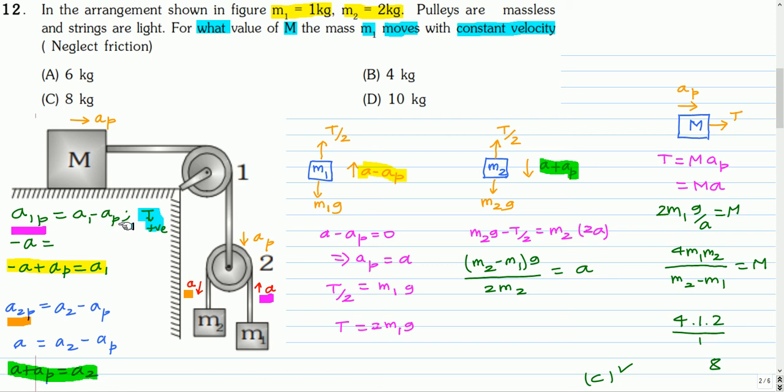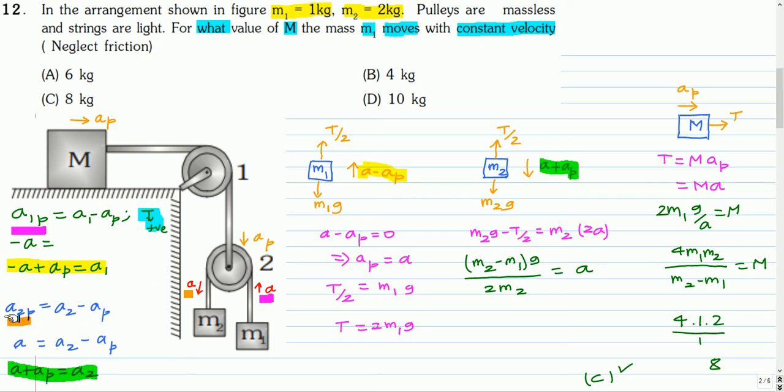This is the concept of relative acceleration, and let us take the downward direction as positive. The acceleration of m1 with respect to the pulley is minus a because it's a in the upward direction. So from this we get a1, the acceleration of m1 with respect to the ground, as minus a plus ap. This is in the downward direction.